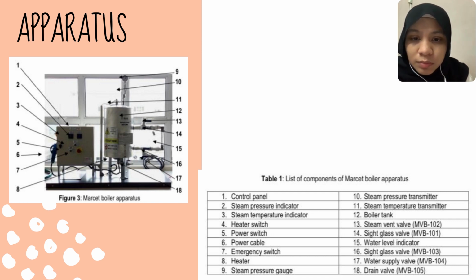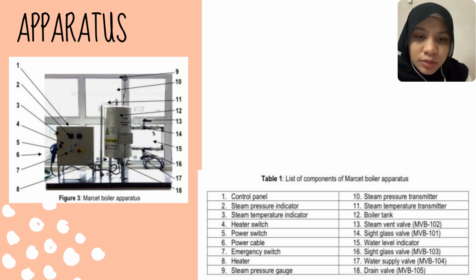As you can see, number 6 is the power cable, number 7 is the emergency switch, number 8 is the heater, number 9 is the steam pressure gauge, number 10 is the steam pressure transmitter, number 11 is the steam temperature transmitter, and then number 12 is the boiler tank, number 13 is the steam vent valve which is MVB 102.